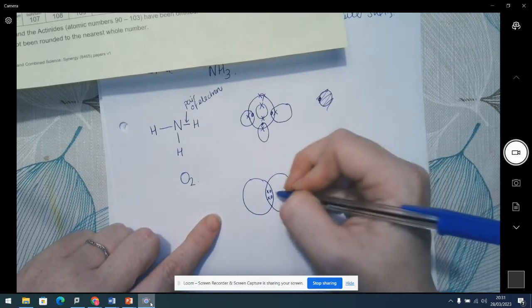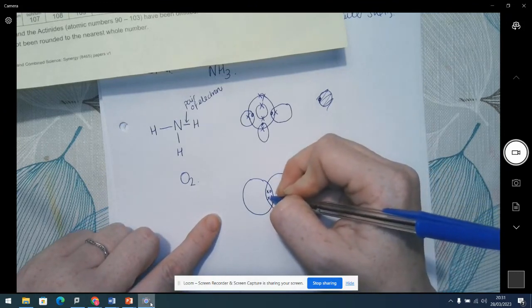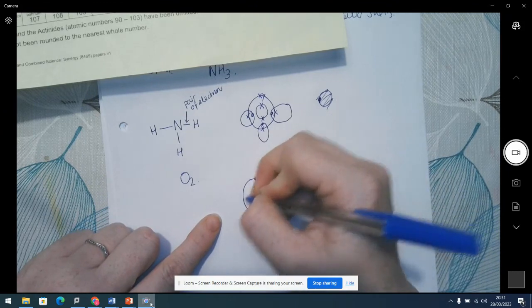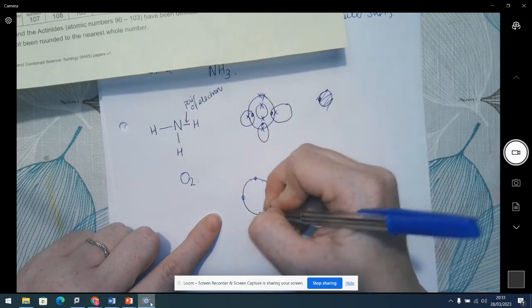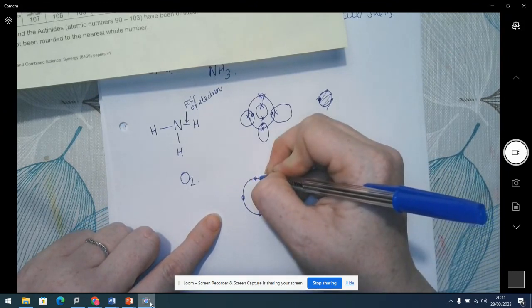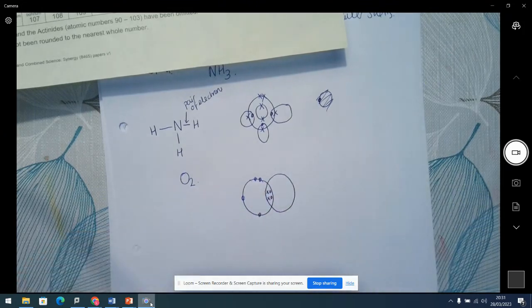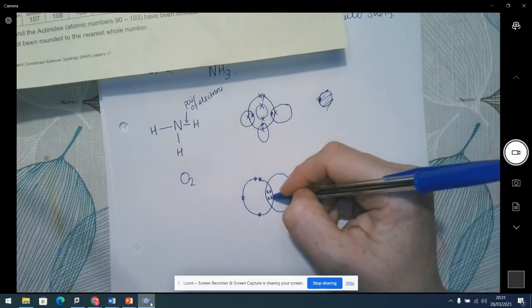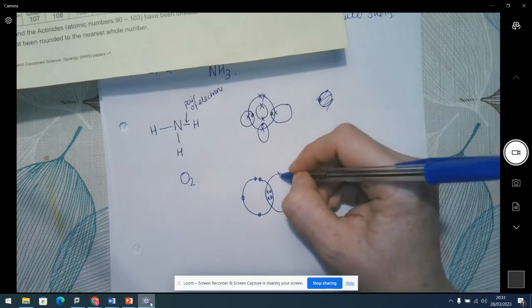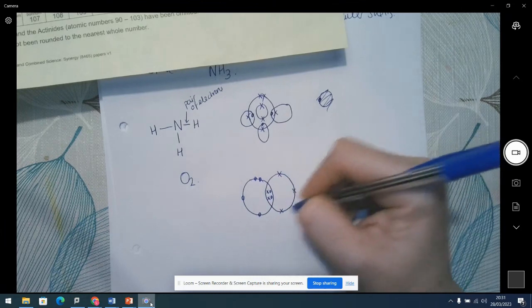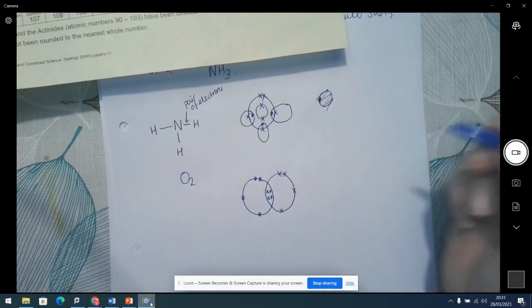So we'll do the dots first. 1, 2, 3, 4, 5, 6, 7, 8. Okay. So there is my bonding for that oxygen atom. And then I've got 1, 2, 3, 4, 5, 6, 7, 8.